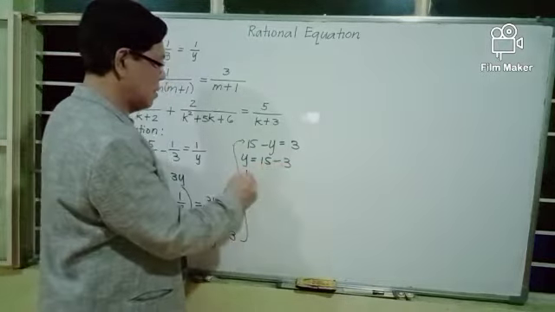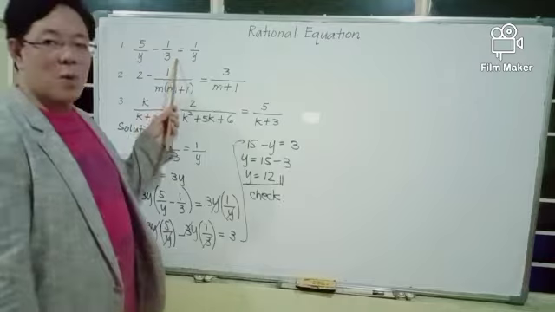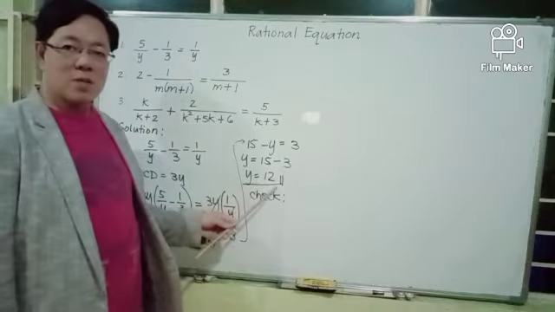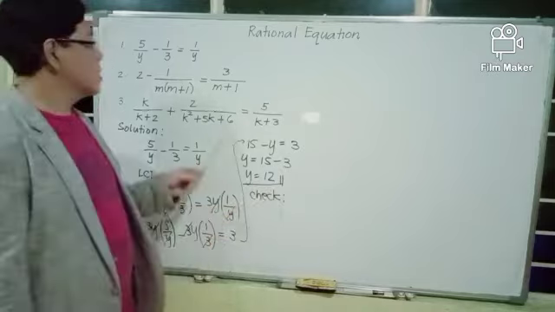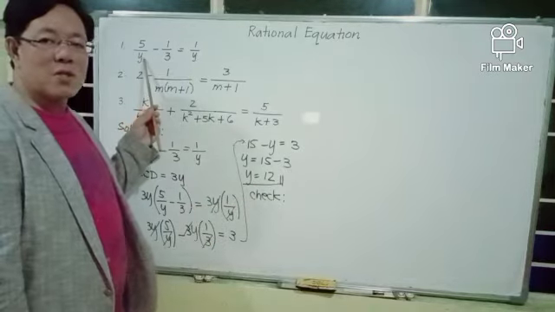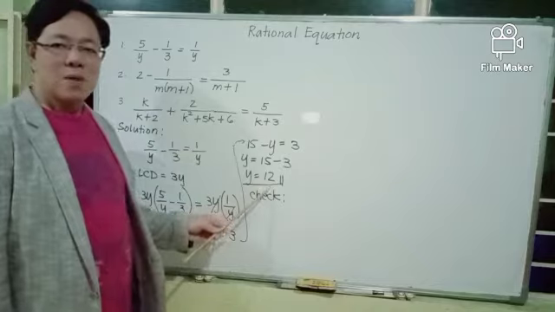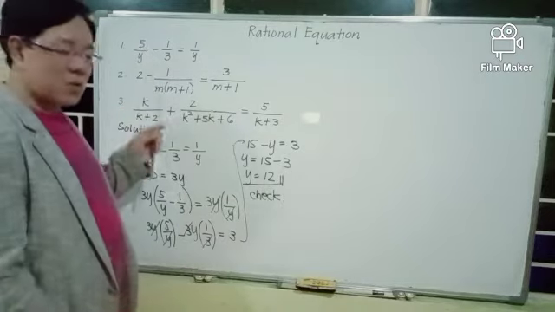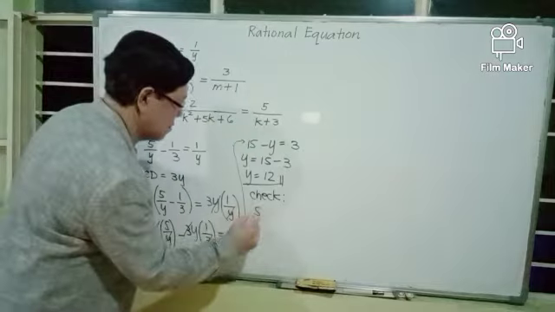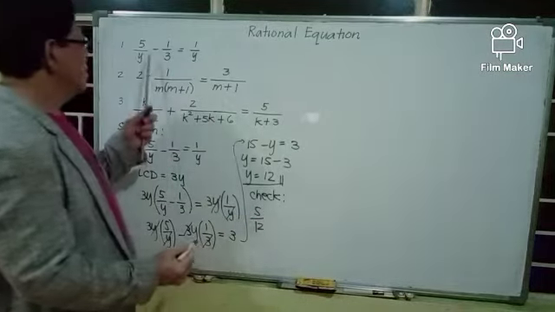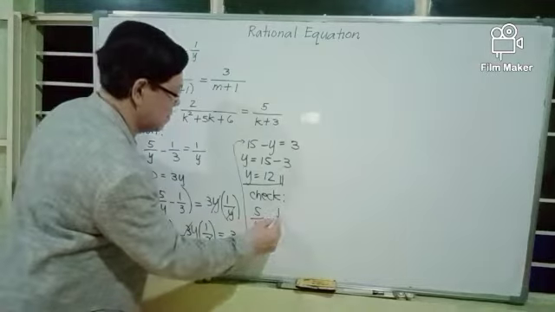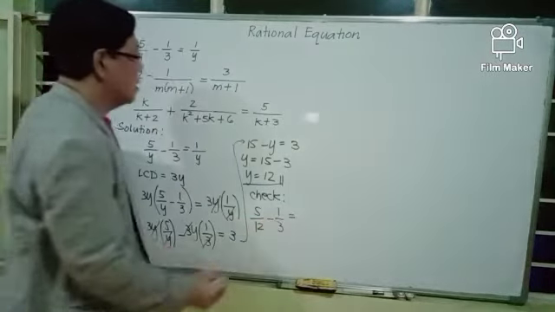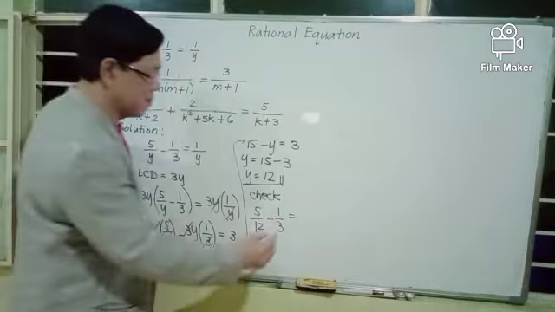For you to check if your solution is correct, y equals 12 is the solution of this rational equation. For you to check if y equals 12 is a correct solution, you replace y in the given rational equation with 12. We have 5 over 12 minus 1/3 equals 1 over 12.